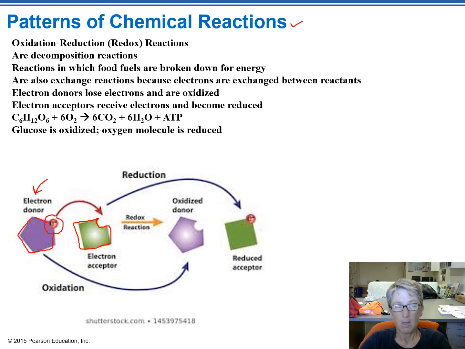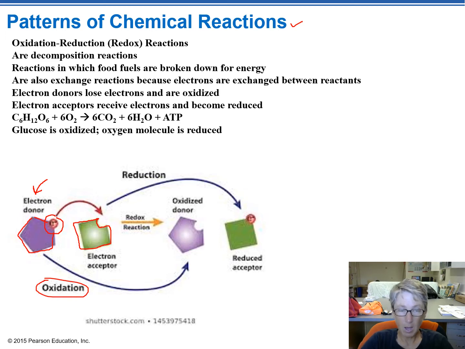Now, the purple molecule lost one negative charge, so it's going to become more positive overall. If it lost one negative electron, it's going to become more positive by one positive charge. And that process of this molecule donating its electron is called oxidation.